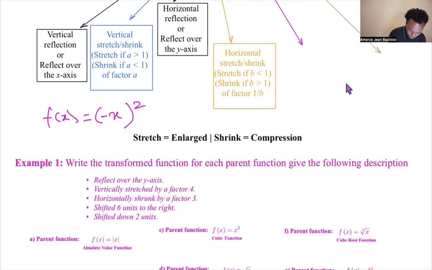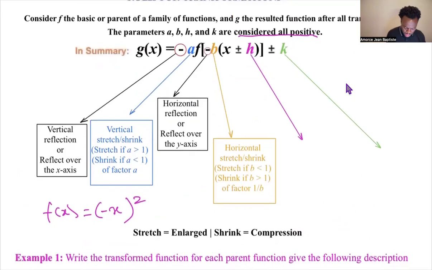For example, if I take f of x, the parent, I'm just giving anything, right? x squared. And then g of x, the transformed function, I give you something like negative 1/2 x, squared.